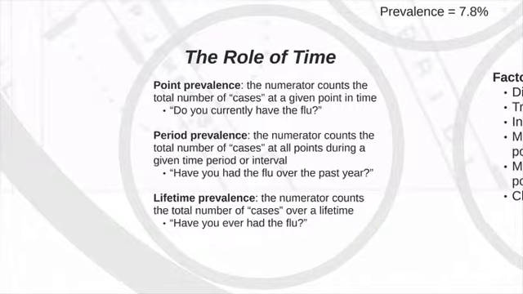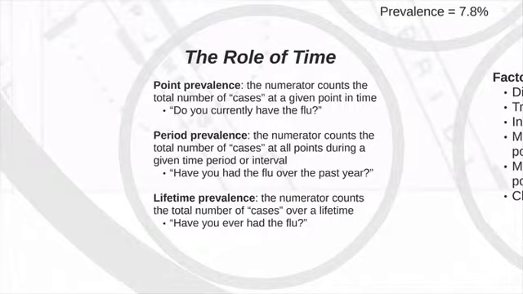At any given point in time, if you take a picture, a very small number of people are going to have the flu, and that may not truly represent the total burden of flu on the university because you're only picking up a very small sliver of time. So it may be more informative to know, this semester, have you had the flu? Again, because it's such a short-lived thing, we want to pick up more cases and know about that period. All right, so that's period prevalence.